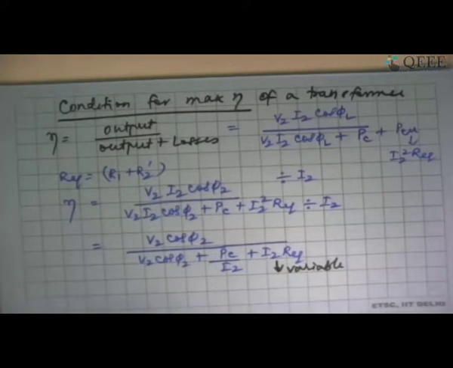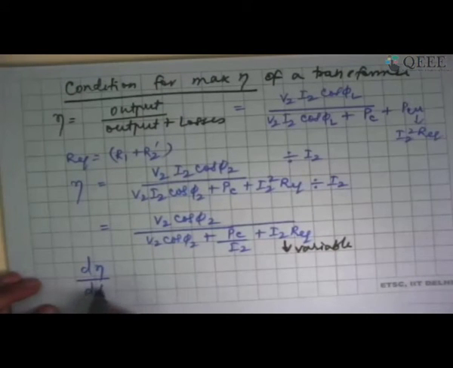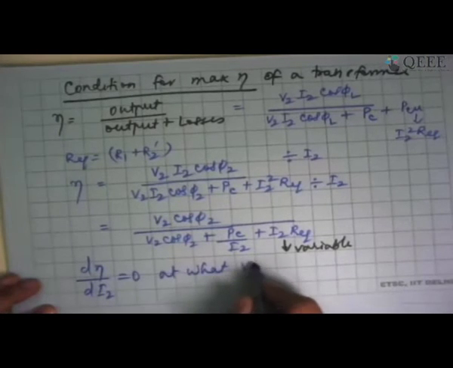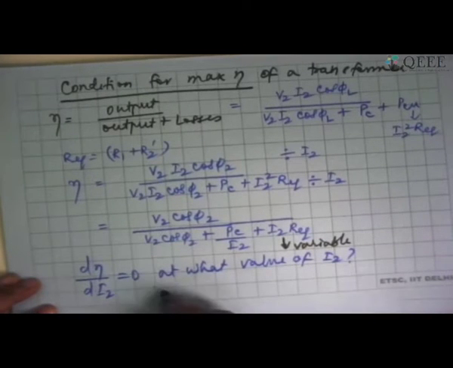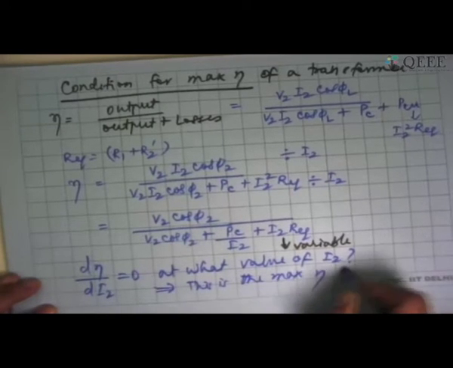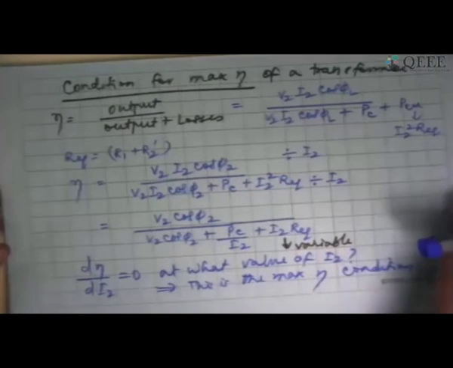So I am going to say d eta by dI2 equal to 0 at what value of I2. This is the condition for maximum efficiency.